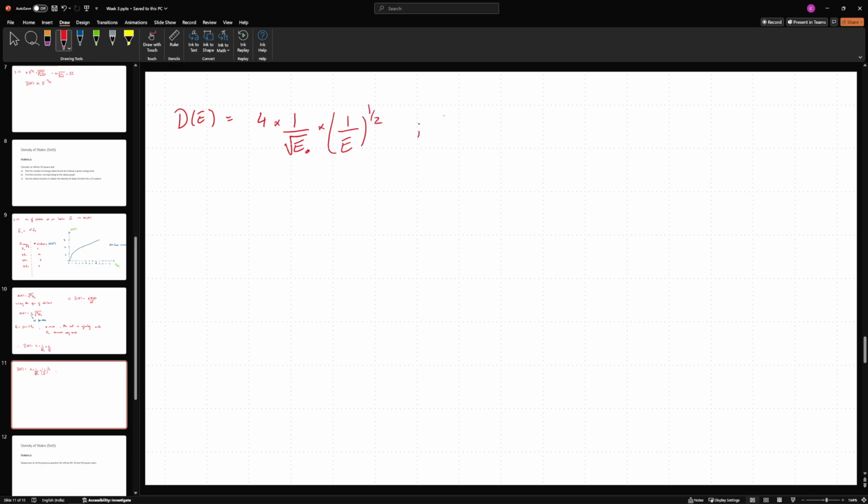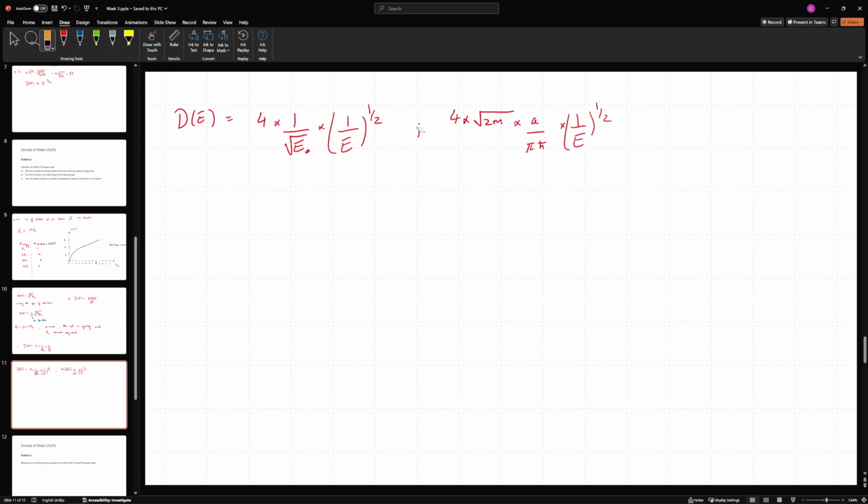And square root of E naught I know to be, so this is 4 into square root of 2m into A divided by pi h bar, 1 by E to the power half.